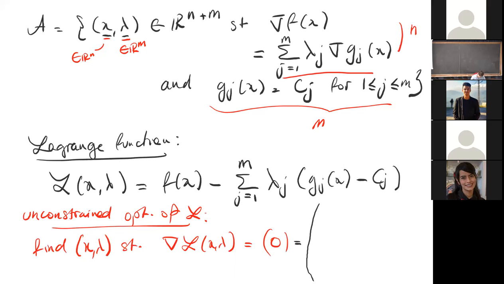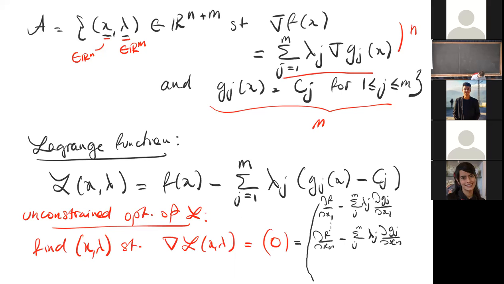This is df over dx1 minus the sum over j from 1 to m of lambda j dgj over dx1, down to df over dxn minus the sum over j of lambda j dgj over dxn.